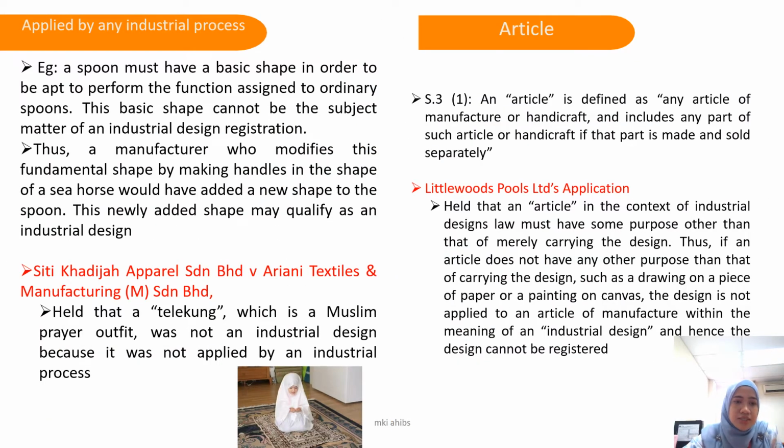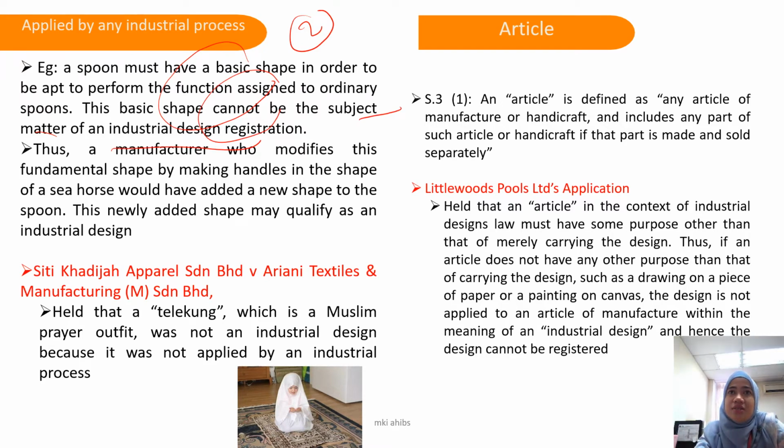Next, it must be applied by any industrial process. What does it mean by applied by any industrial process? For example, a spoon must have a basic shape in order to perform the function assigned to an ordinary spoon. So this basic shape cannot be the subject matter of an ID. Why?